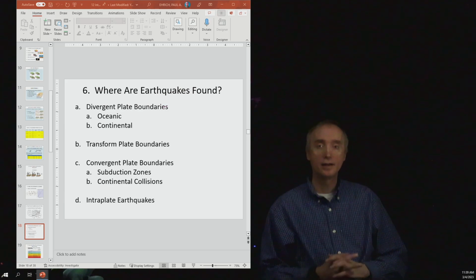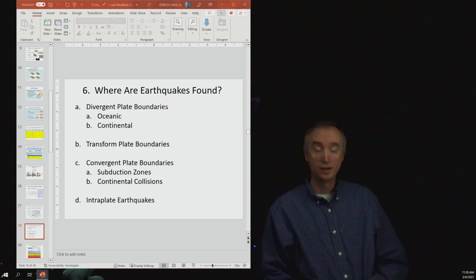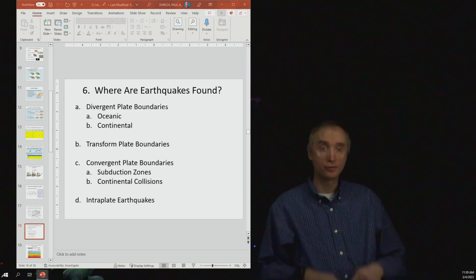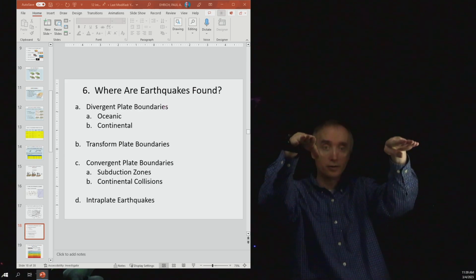Okay, I'm back, and so now we want to talk about where do you find earthquakes. Now, most earthquakes are going to occur at plate boundaries. So let's go back to plate tectonics and try to remember the different ways that plates interact. So plates can diverge, meaning they're going to be pulled apart.